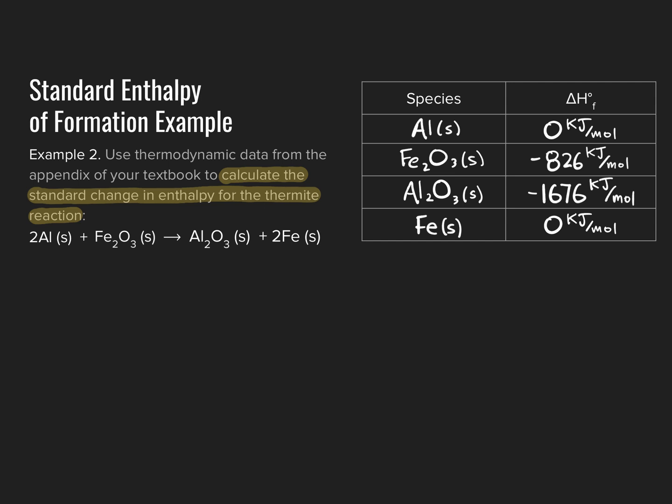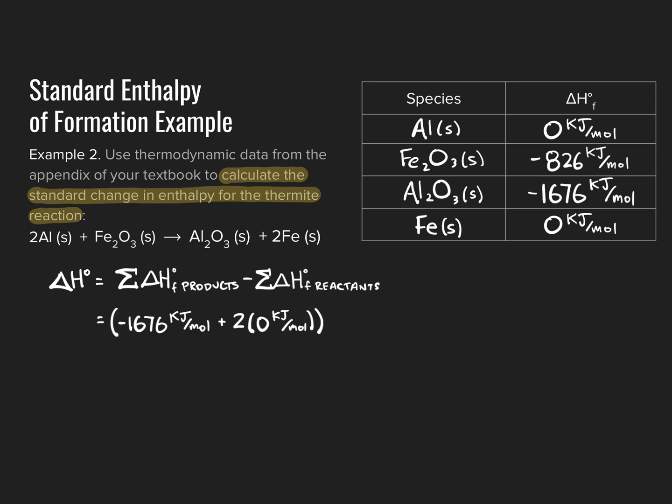Now to determine the overall heat of reaction, I can simply take the sum of the heats of formation of all the products and subtract from that the sum of the heats of formation of all of my reactants. In this calculation, the heats of formation of my products would be negative 1,676 kilojoules per mole of aluminum oxide formed, plus 2 times the heat of formation of my iron, which again was 0. So there now is the sum of the heats of formation of my products.